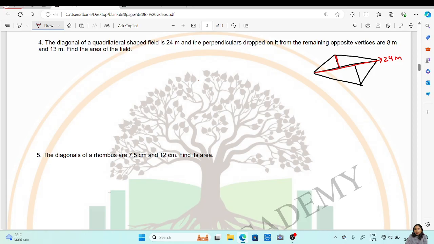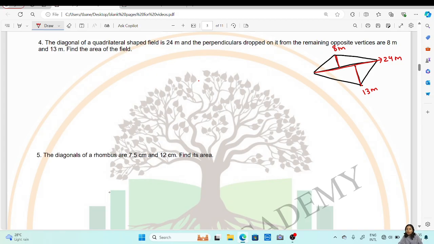So this is 8 meters, and this one dropped here is 13 meters. So what they have asked us is to find the area of the field.